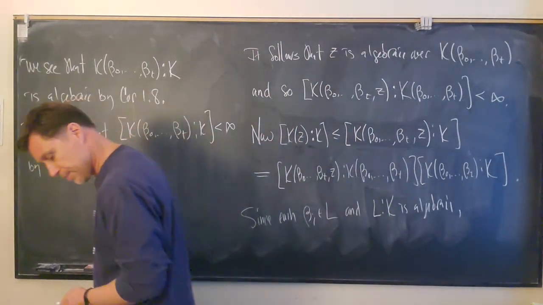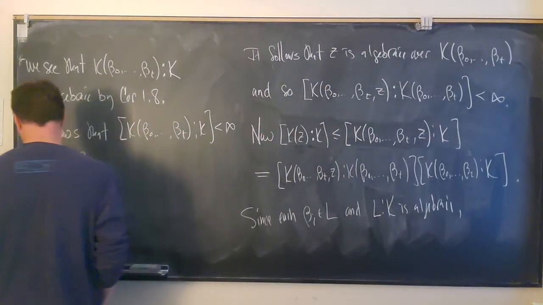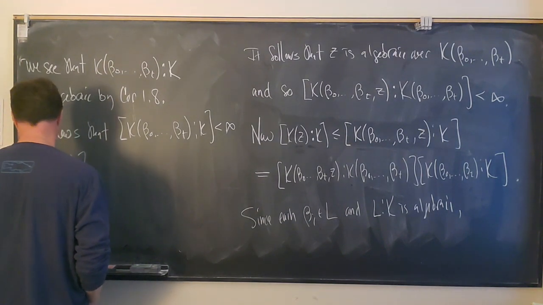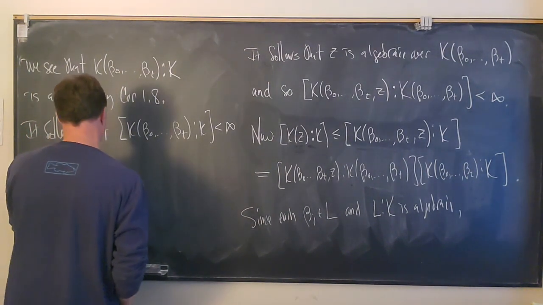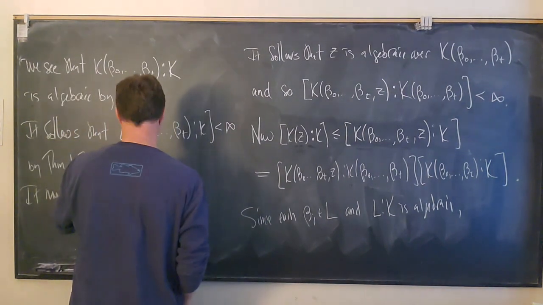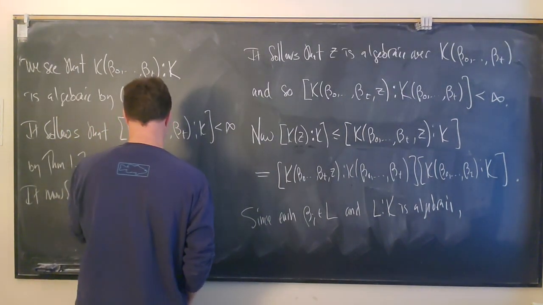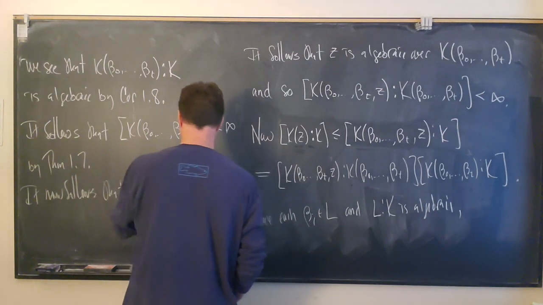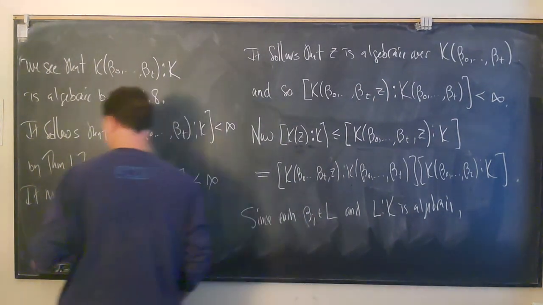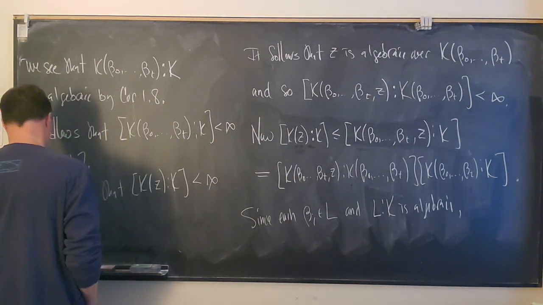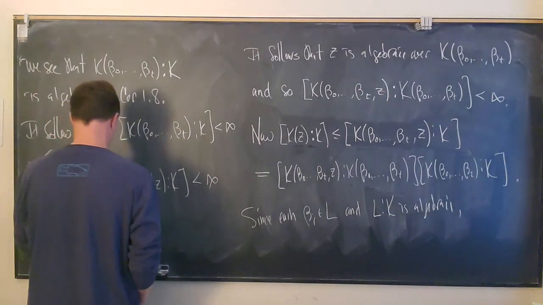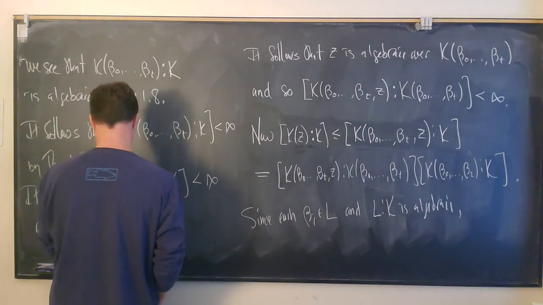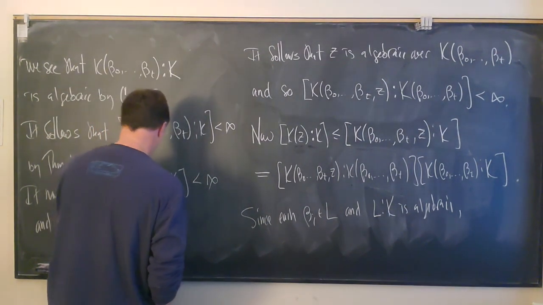So it now follows that the degree of K adjoin z over K is finite, and so z is algebraic over K, and that's what we needed.